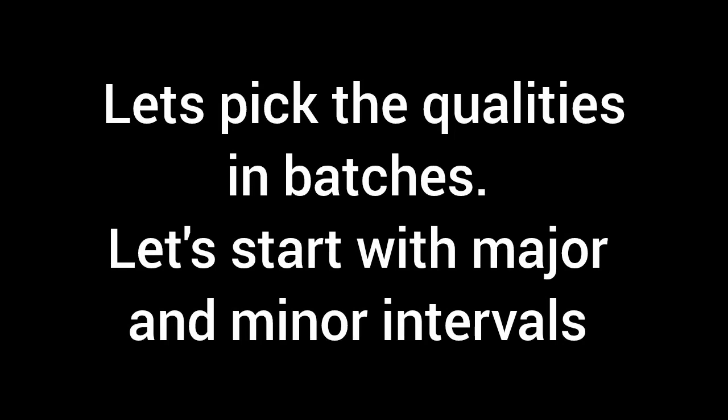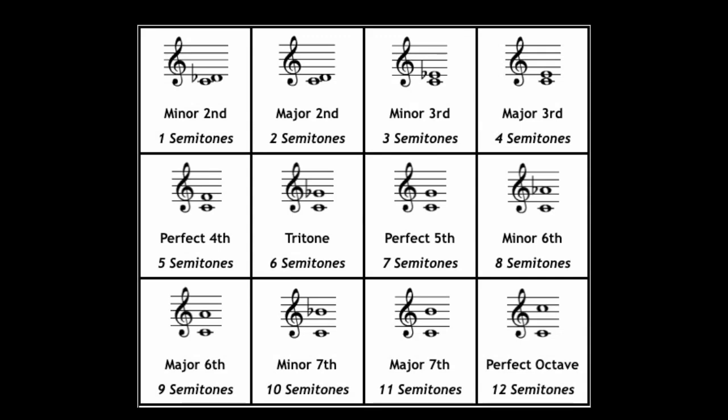So now let's go into finding the intervals proper. Let's pick them in batches. Let's start with the major and minor intervals. The picture here shows us the number of semitones that each of these intervals will have. A minor second will have 1 semitone. A major second will have 2 semitones.